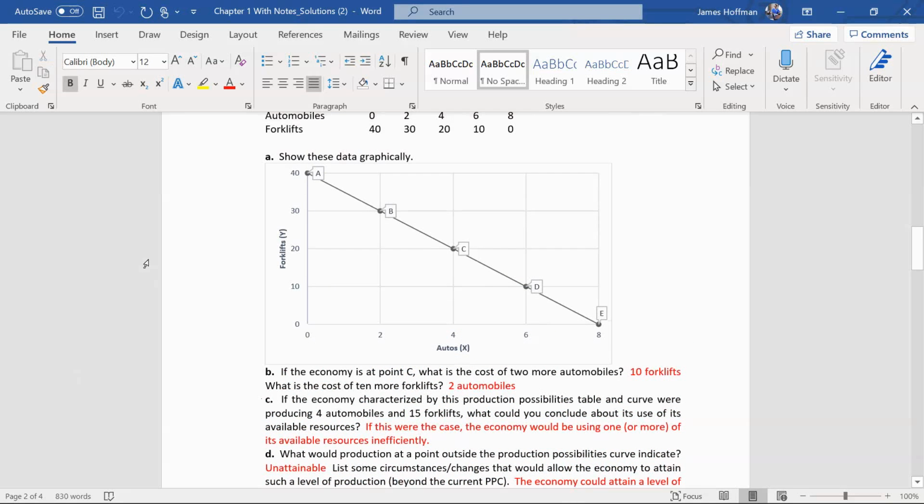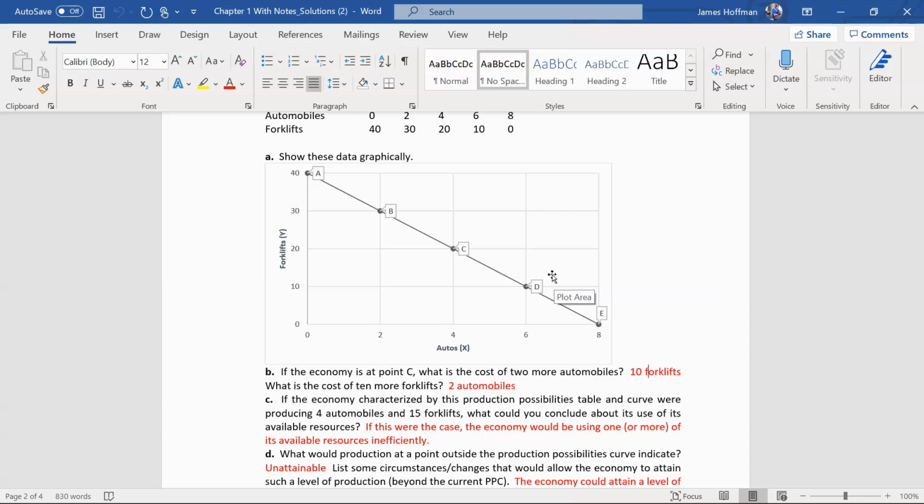Okay, point C. If the economy is at point C, what is the cost of 2 more automobiles? So if we're at point C, right there, you can see that if they want to gain 2 more autos, which is essentially going to point D, they have to give up some forklifts.